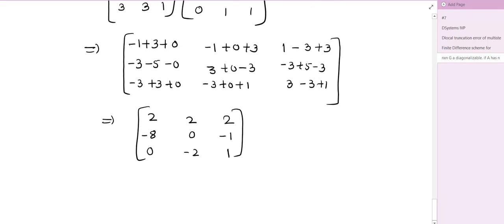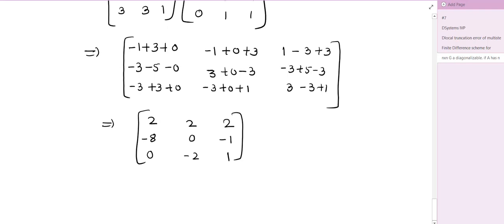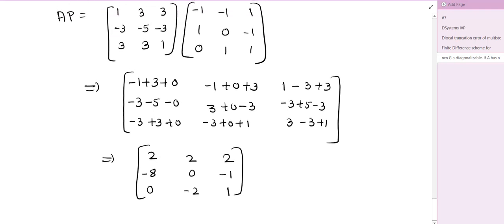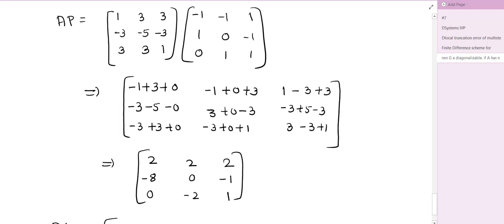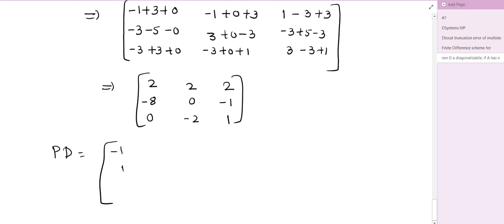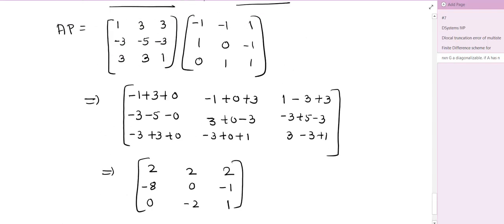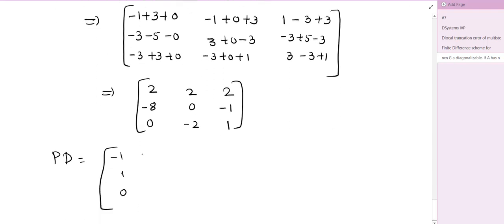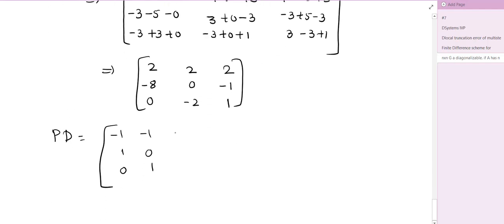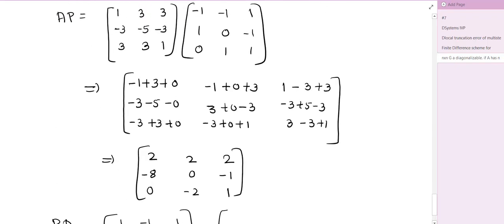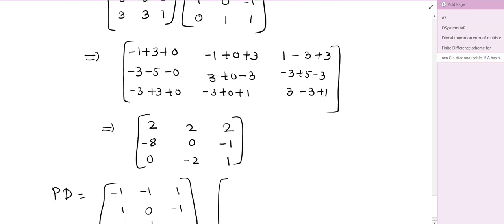Okay, now let's see PD. P into D. We have P, that is minus 1, 1, 0, minus 1, 0, 1, 1, minus 1, 1, and your matrix D will be minus 2, 0, 0, 0, minus 2, 0, 0, 0, 1.